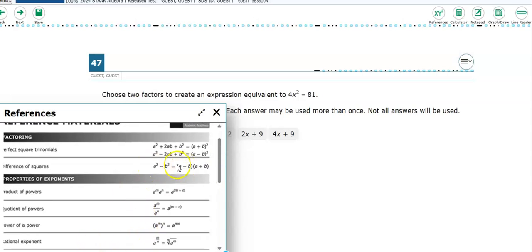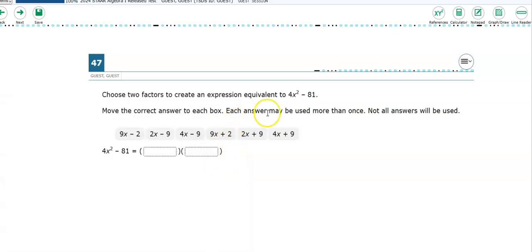Basically, it's saying that if I have something I can get the square root of, and something else I can get the square root of, those square roots go in the factors. The square root of 4x squared is 2x, the square root of 81 is 9. So this creates the answer of 2x minus 9 and 2x plus 9.